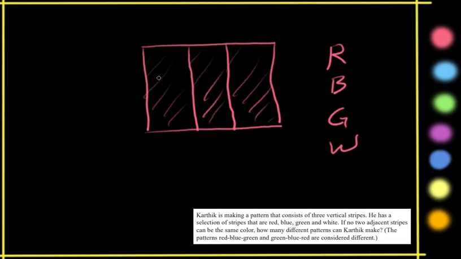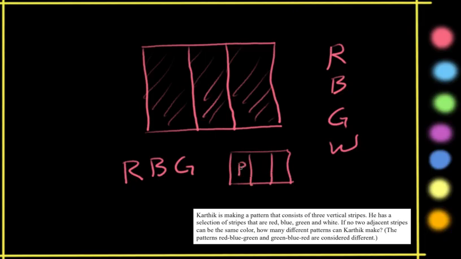So you might think, oh, well, if you put those 3 stripes together and made a flag like this, red, blue, green, you could just turn that upside down and it would be green, blue, red. But they're telling us those are different, so we shouldn't consider these the same.